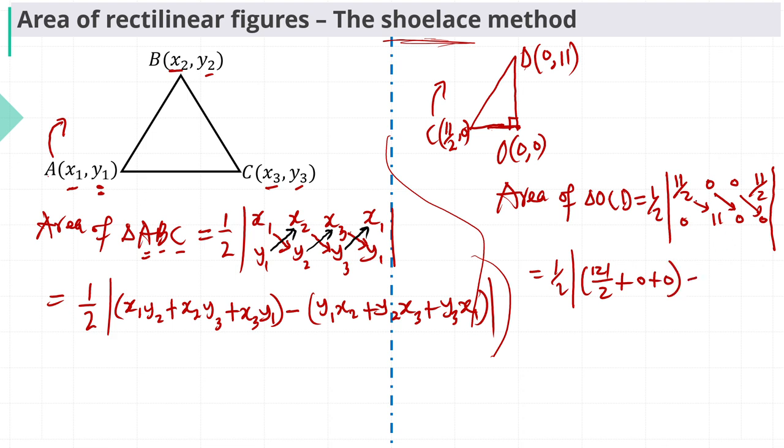Now minus sum of upward products, 0 multiply 0, 0 plus 11 multiply 0 gives you 0 plus 0 multiply 11 out of 2 gives you 0. So now we get half multiply absolute of 121 divide 2.